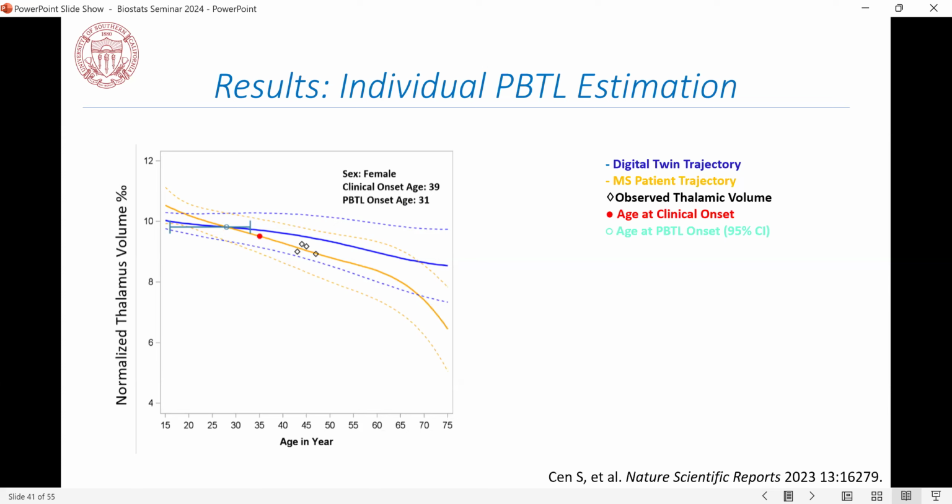I will show you two examples, two patients. Patient number one has a clinical onset age of 39, and this patient came to the study around age 40.